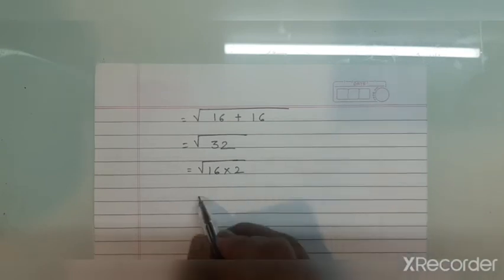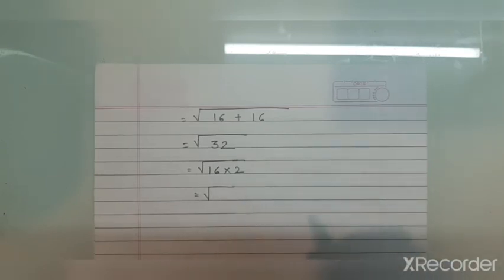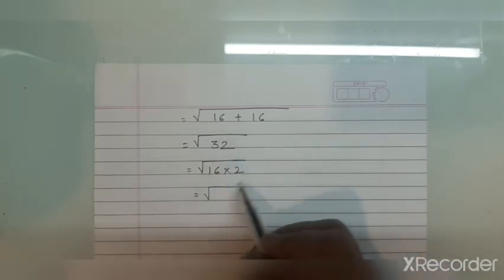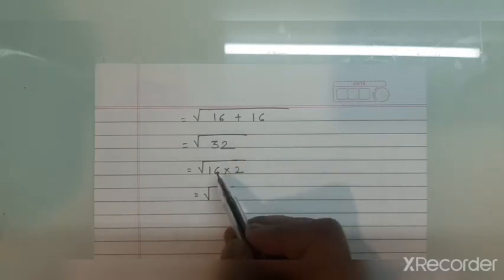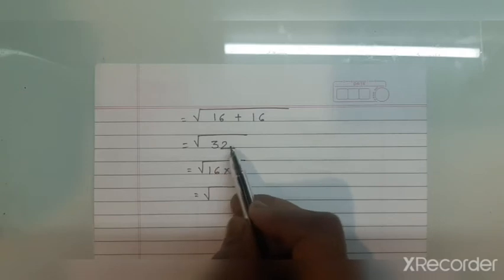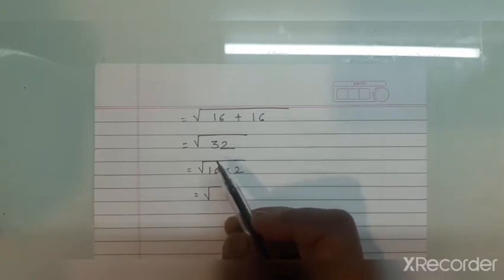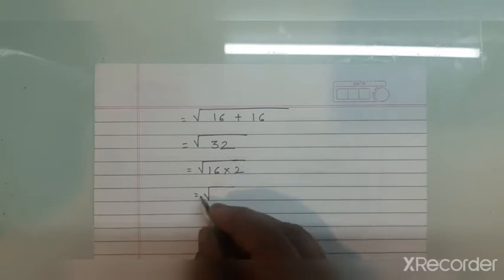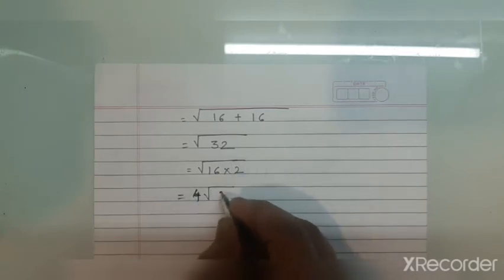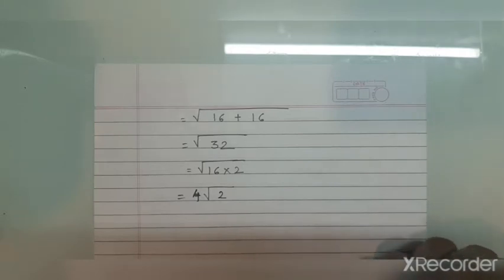Okay, so try. If you are not getting, then you have to leave it. If you are not getting any multiple such that you will get a square, then you just have to leave it. But if you are getting a multiple, you can split that number with any square. So please do it. Now root 16 is 4. So it will come out as 4 here. And this root 2 remains as it is.